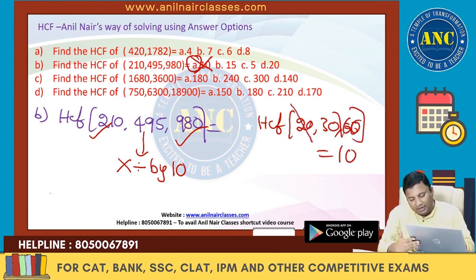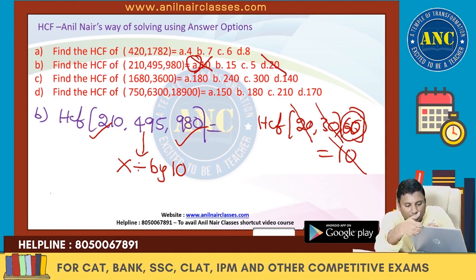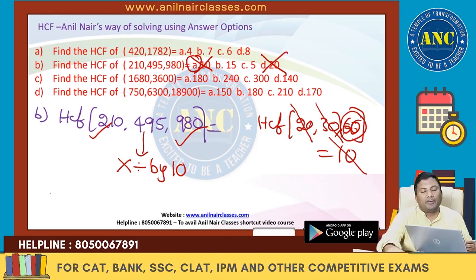If this is divisible by 10, this is divisible by 10, this is divisible by 10, 60 should also be divisible by 10. If I take 10, 210 is divisible by 10, 980 is divisible by 10, 495 is not divisible by 10. If 10 is out, 20 is also out. If a number is not divisible by 10, how can it be divisible by 20?